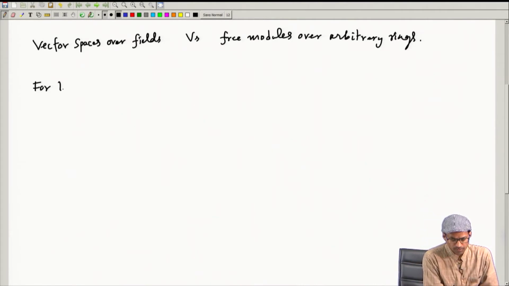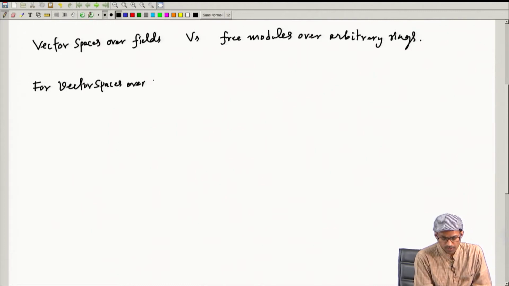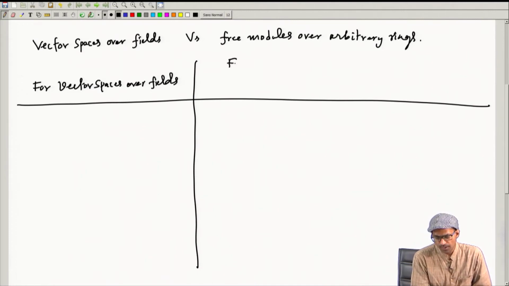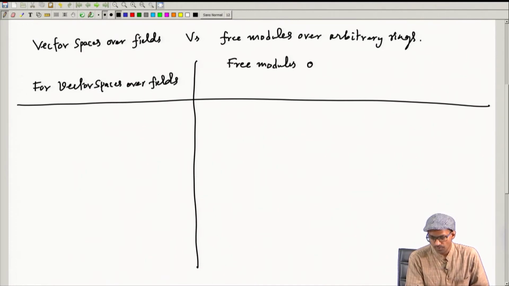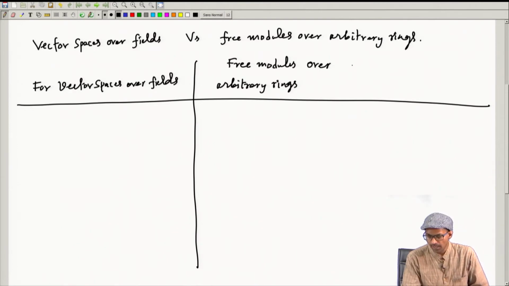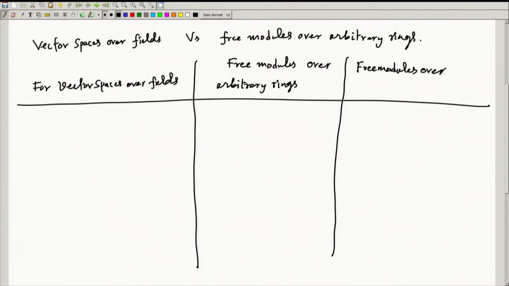So, we consider vector spaces over fields, free modules over arbitrary rings, and also free modules over commutative rings with unity.